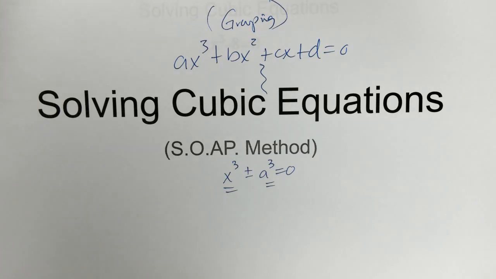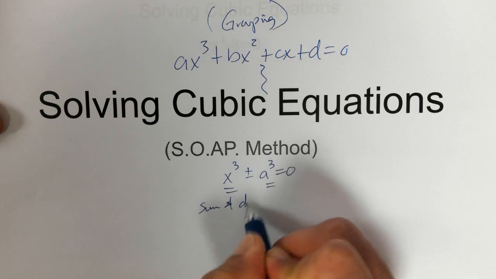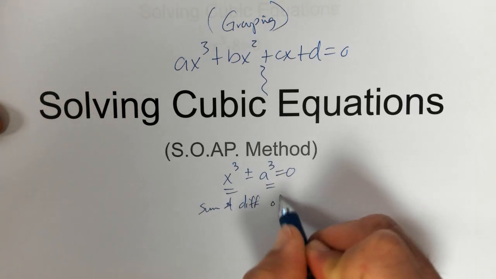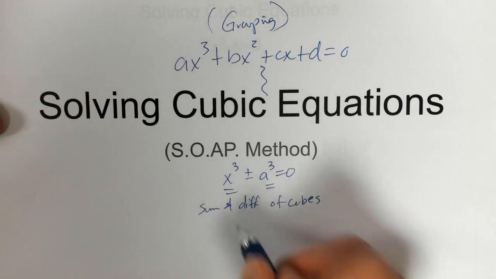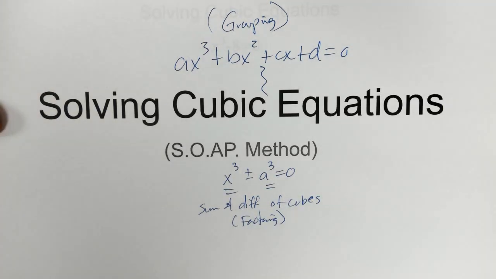So if you would like more examples of how to factor it using the SOAP method, go to the previous video, the previous units, and check out sum and difference of cubes, specifically factoring. Now we're going to review that today, and we're going to talk about how to solve it in addition to that. Let's get to it.